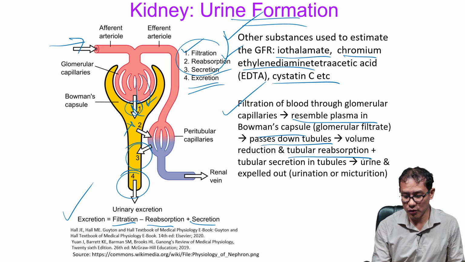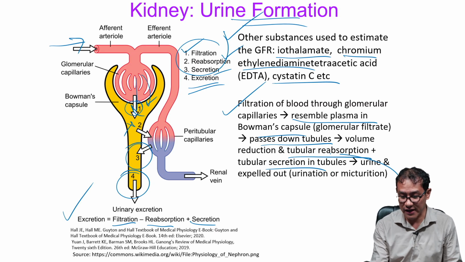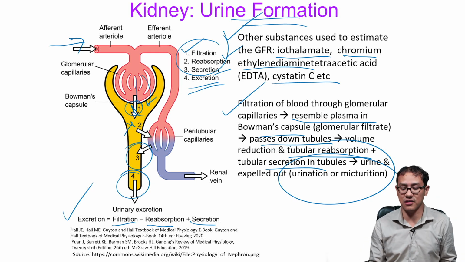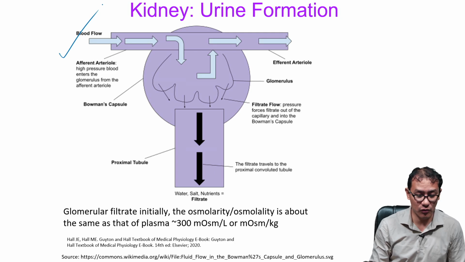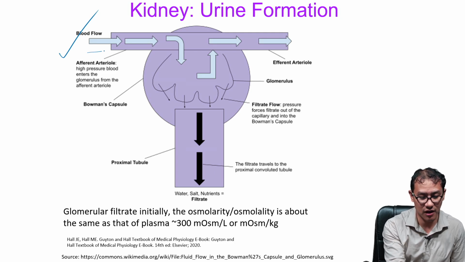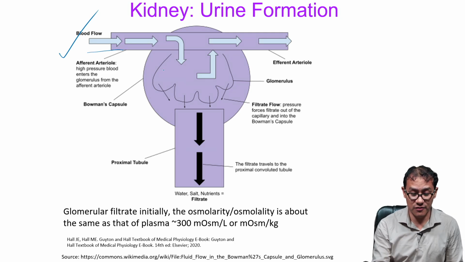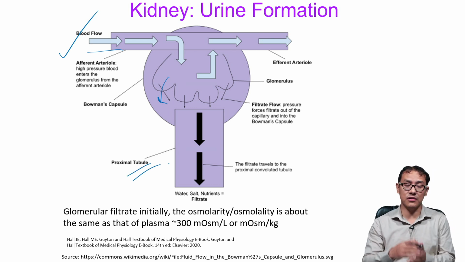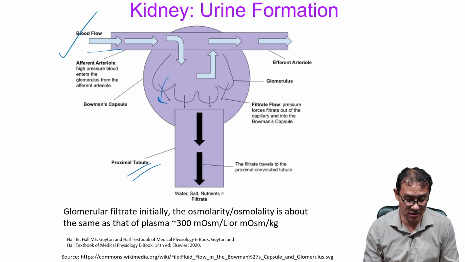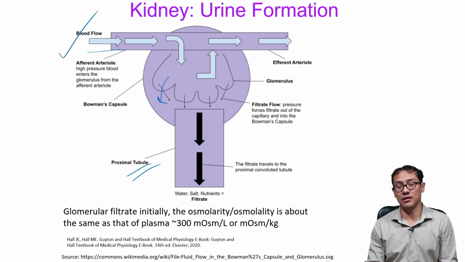Then tubular reabsorption and excretion happen, and finally it goes out by the process of urination or micturition. The same thing you can see in this diagram: the afferent arteriole, then the Bowman space where filtration happens, then the proximal tubules with reabsorption and excretion, and ultimately formation of urine.